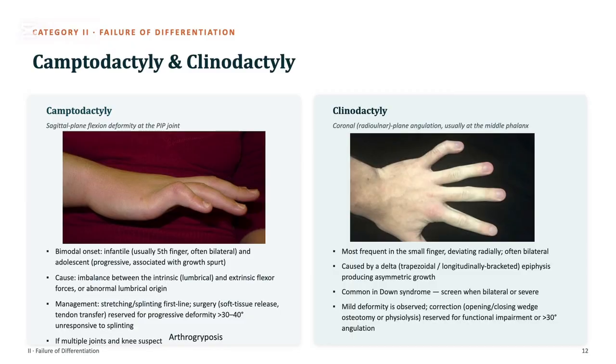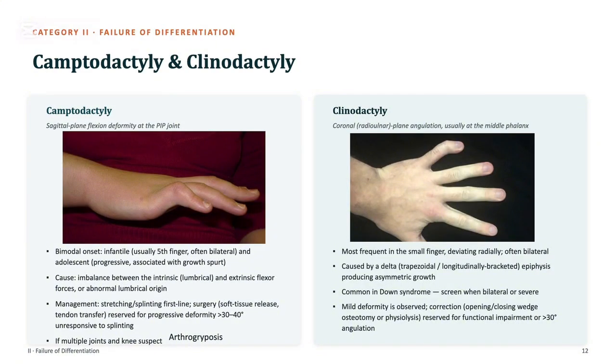The other deformity is clinodactyly. Clinodactyly is abnormal deviation of the finger away from its axis, I mean radial and ulnar deviation. The common cause is a trapezoidal or delta epiphysis, or the bone itself has a normal shape that favors medial or lateral deviation.